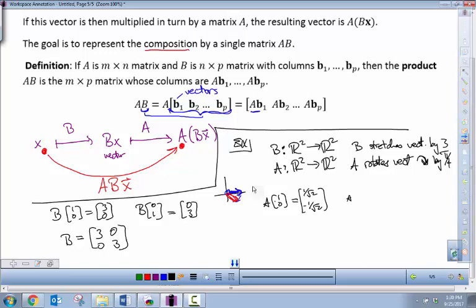And then we do the same thing to figure out what happens to your E2 vector, and that's the vector that was up here, and a rotation in a clockwise direction would put you in the first quadrant, in the middle of the first quadrant, and then that would be a positive for both. Okay? So I have a matrix A now.